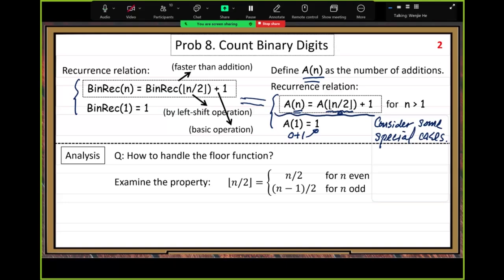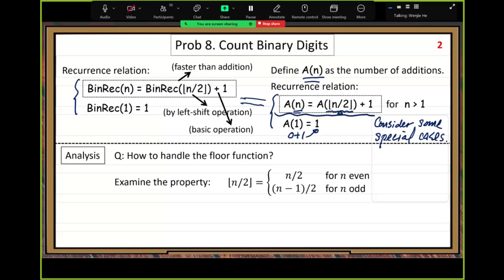But for n odd, you can still remove the floor function notation and you get n minus 1 over 2. In both cases you can remove the floor function. We don't want to see the floor function in our equation, because that makes the equation hard.